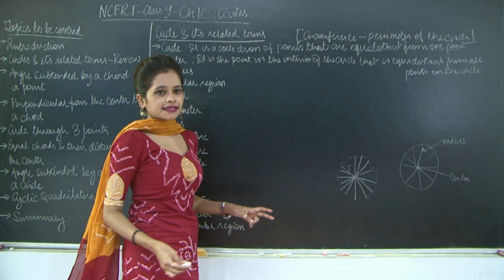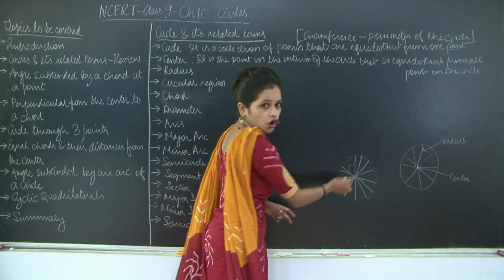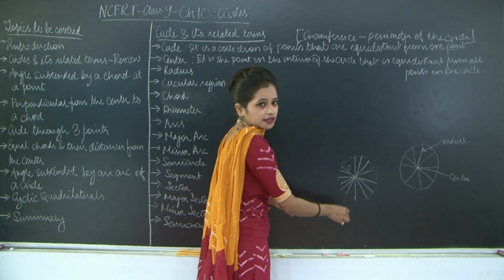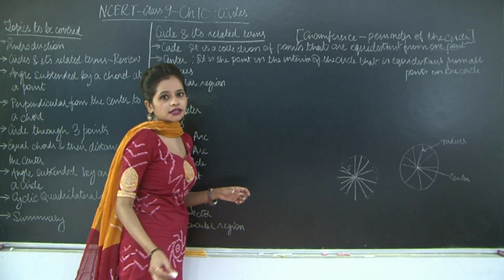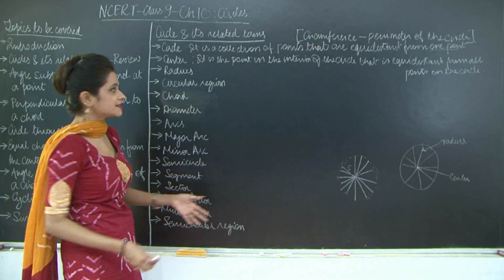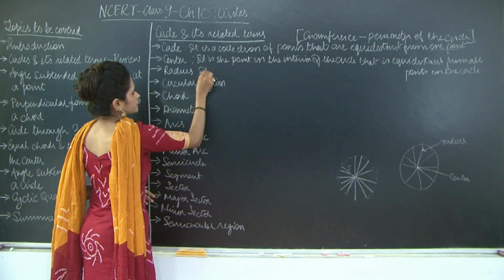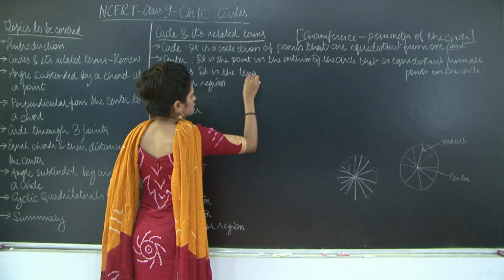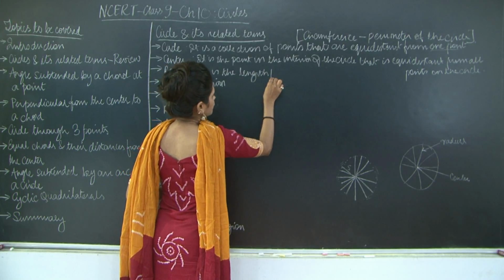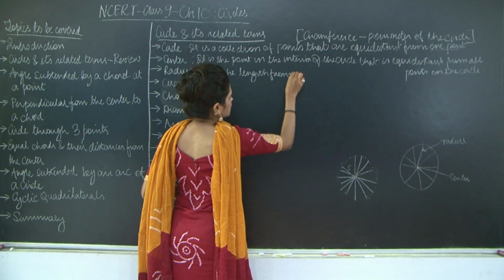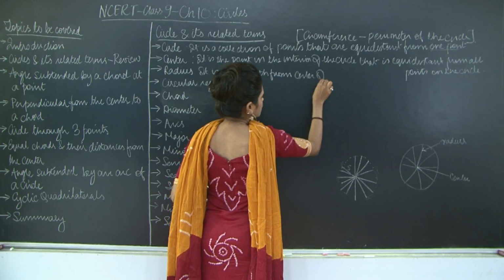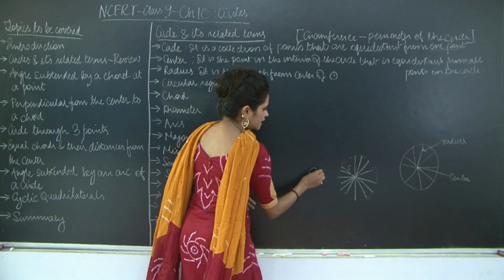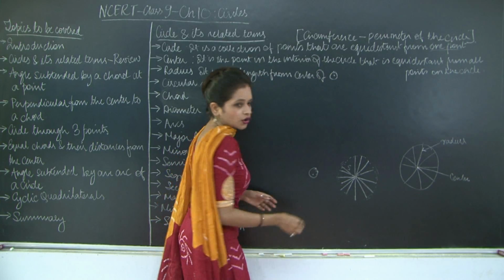And what is your radius? The radius is the distance or the length from the center of the circle to any point on the circumference or a point on the circle. It is the length from center of circle. So circle is usually denoted by a round with a dot inside.